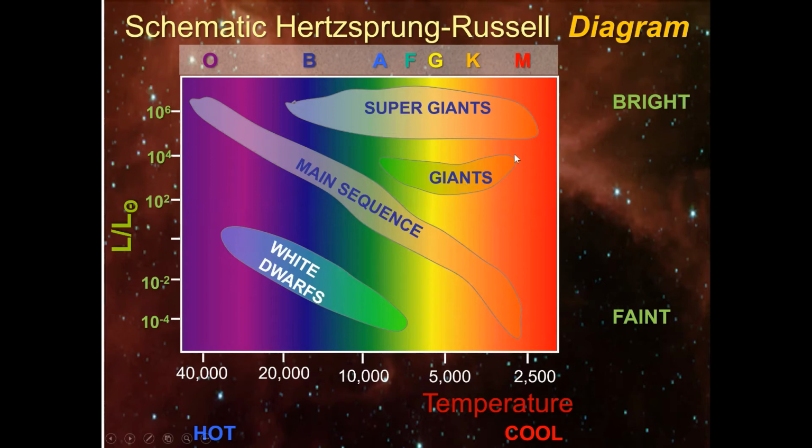And you can see up here to the right, the giants and the supergiants. This is the spot where the stars go after they conclude fusing hydrogen and they start fusing other elements. And you can see down here, the white dwarfs is where the lower mass stars eventually end up when their fusion is no longer occurring.